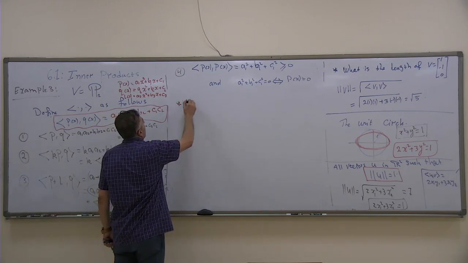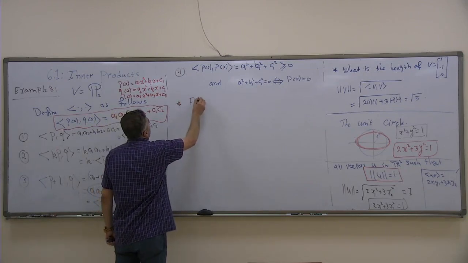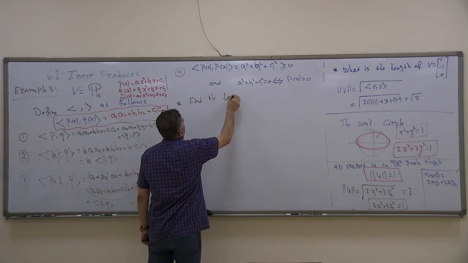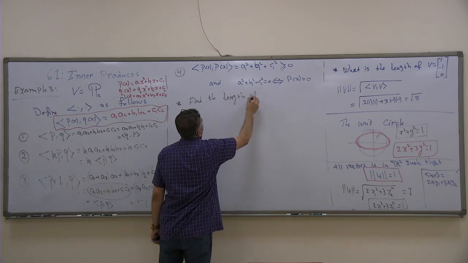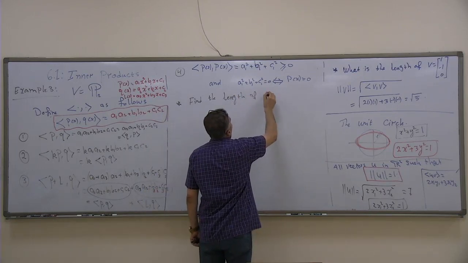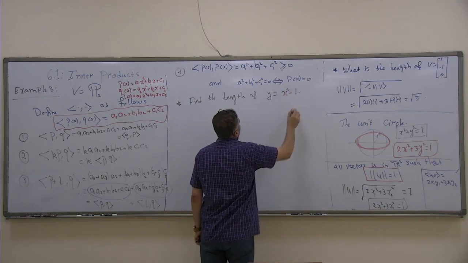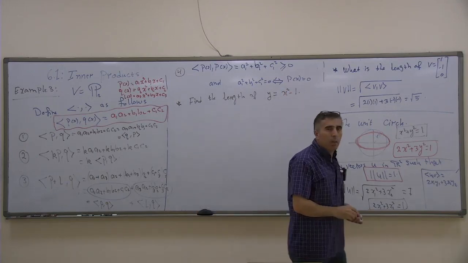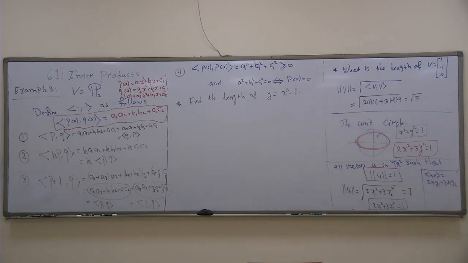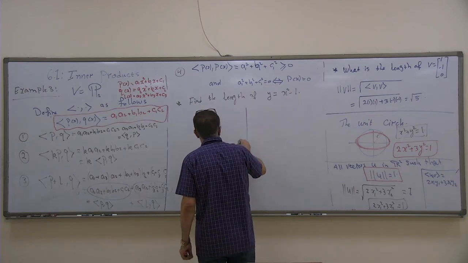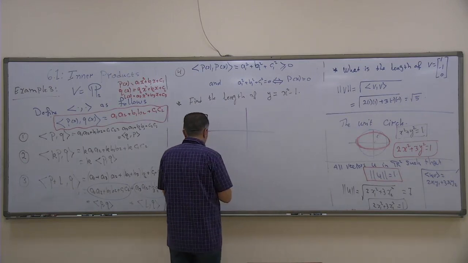Question: find the length of this polynomial, y equals x squared minus 1. What is the length of this polynomial? What does that mean? If you think about your school math or your pre-calculus, this question doesn't make sense, correct?